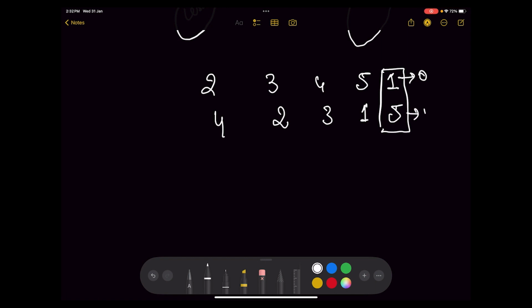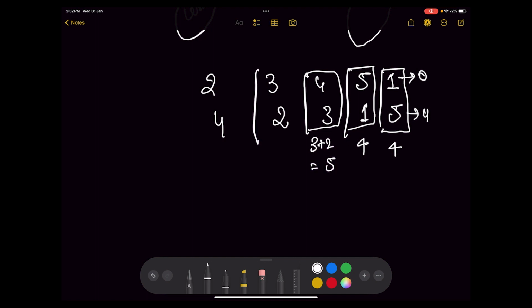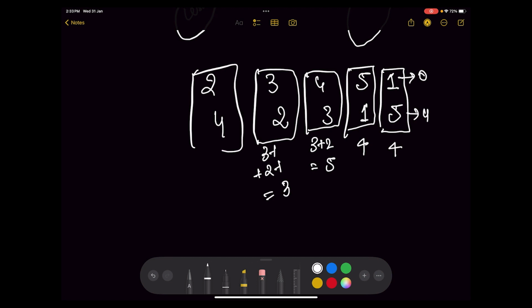For 5 it would be 4, that is 5 minus 1. So total inversion for this pair would be 4. Same would be for this pair. Now for this pair, 4 minus 1 is 3 plus 2, it would be 5. For 3 and 2, it would be 3 minus 1 plus 2 minus 1, 2 plus 1, 3. Now for this pair, 1 plus 3, it would be 4.